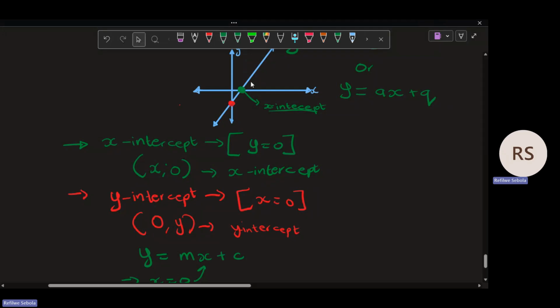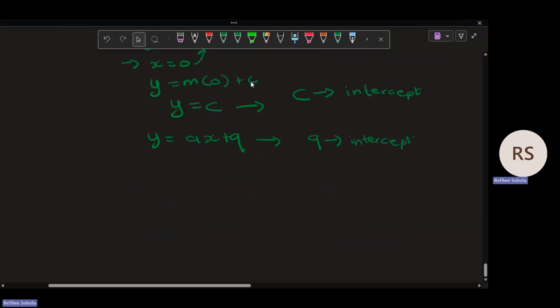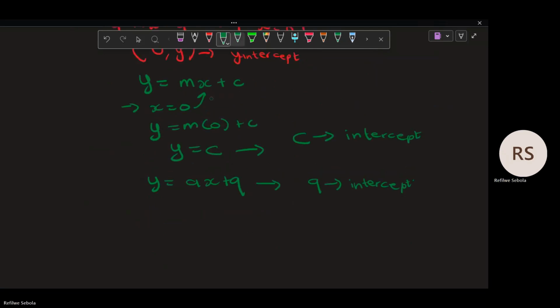So when we check this equation, y equals mx plus c, this is what we call a general equation of a straight line, or we can just say standard form. So this is what you need to know.